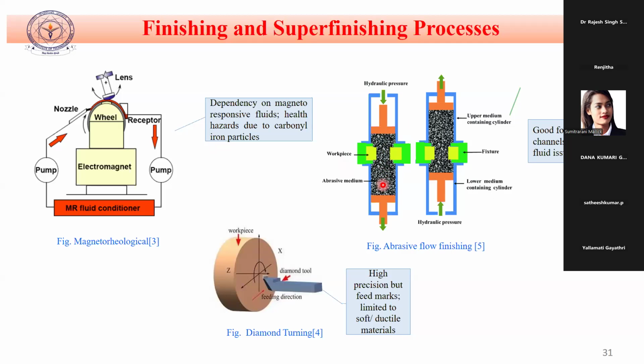When the word abrasive comes, the first terms that come to mind are silicon carbide or maybe aluminum oxide. These are all ceramic materials. We keep this in a slurry, and from both sides we are applying hydraulic pressure, giving a to-and-fro motion. This can be one-way, maybe two-way, maybe other elements. This is a two-way process I have shown here. So by this we are finishing the internal surfaces, the surfaces of the internal channels.